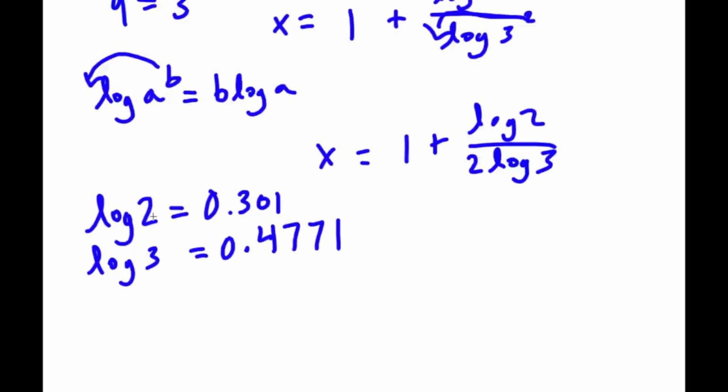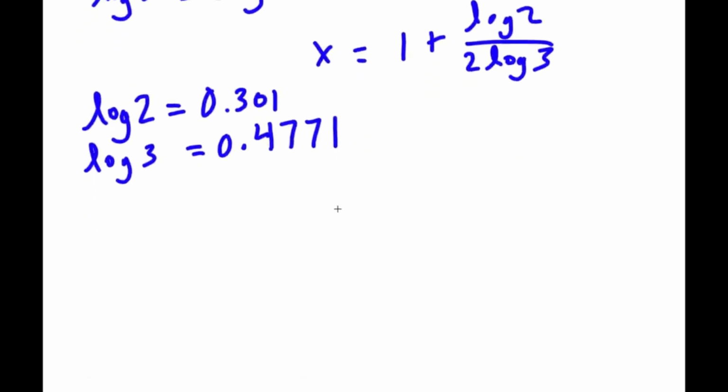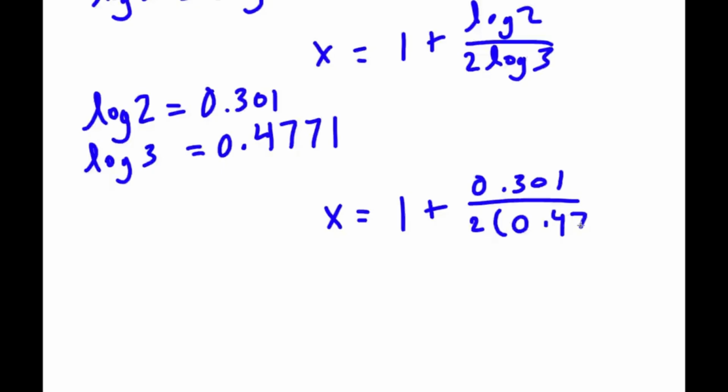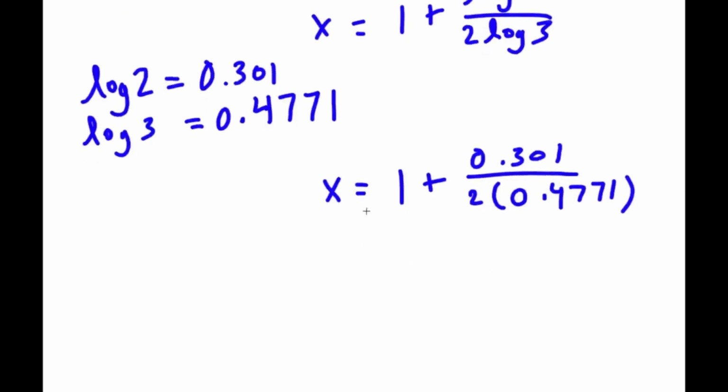So now if I go ahead and substitute in log 2 and log 3 into our original equation, I get x is equal to 1 plus, now log 2 is equal to 0.301, so I have 0.301 over 2 times log 3. Log 3 is equal to 0.4771, so I have 2 times 0.4771. So now I have x is equal to 1 plus 0.301 over 2 times 0.4771.